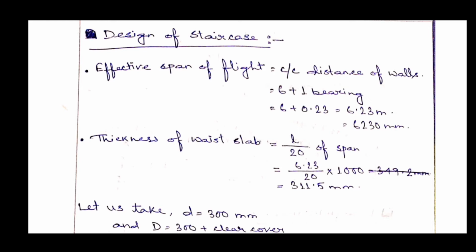Now thickness of waist slab is, as per thumb rule, L by 20 of span for simply supported slab, that is equal to 6.23 by 20 into 1000, that is equal to 311.5 mm.